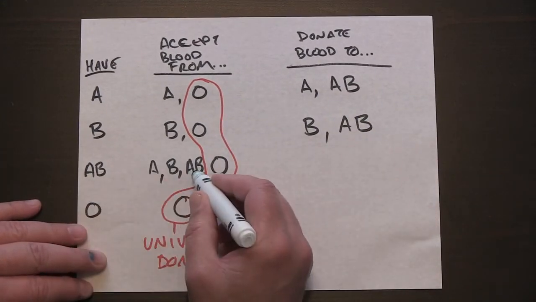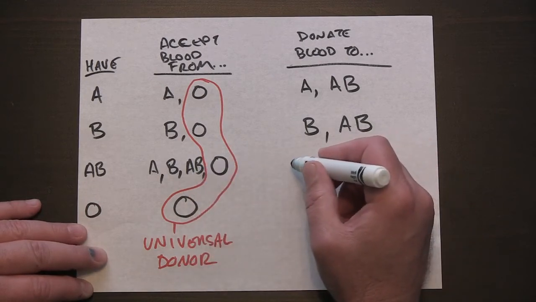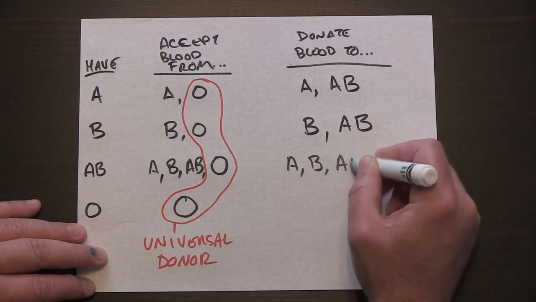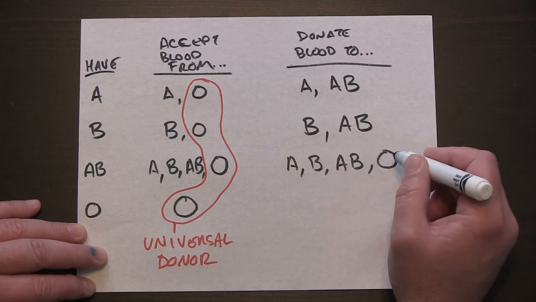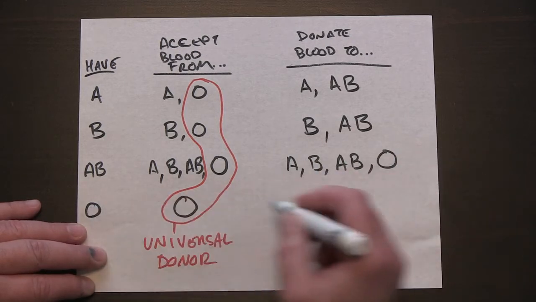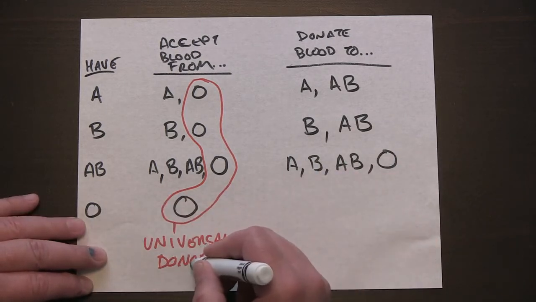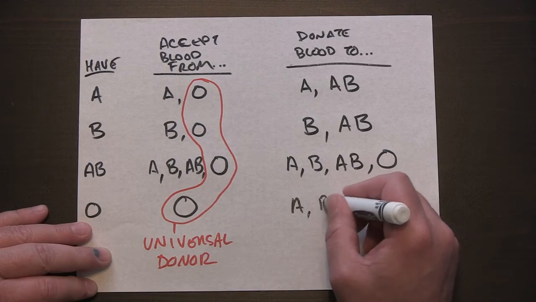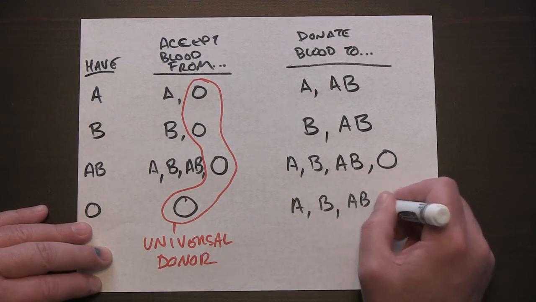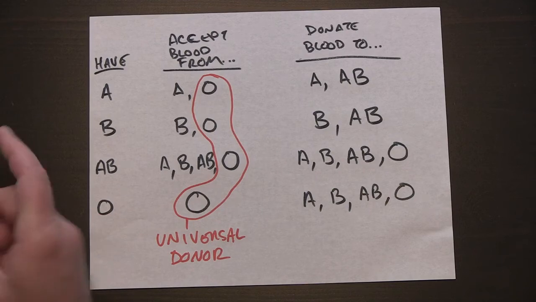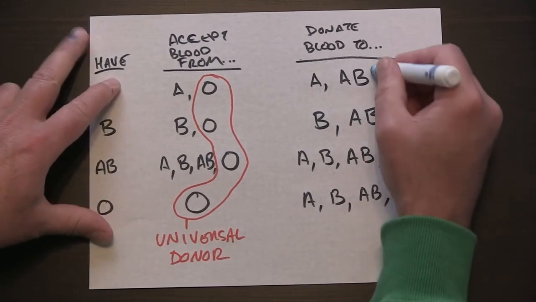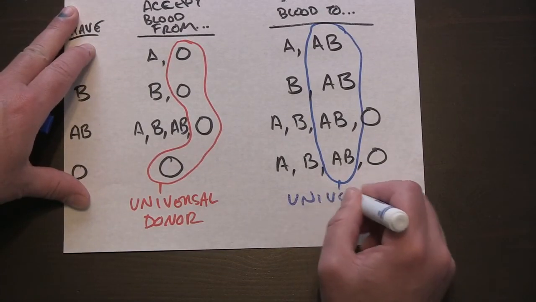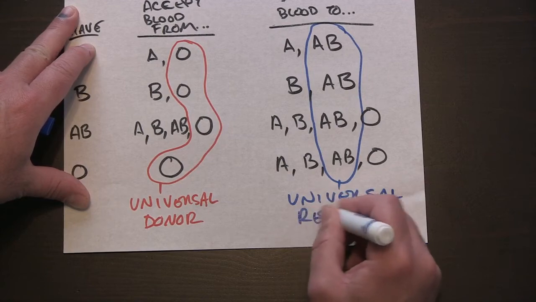If you have AB blood, you can donate to A, B, AB, or O. If you have O, again the universal donor, you can donate to A, B, AB, or O, which makes AB what is known as the universal recipient.